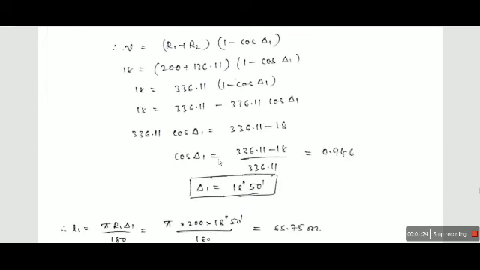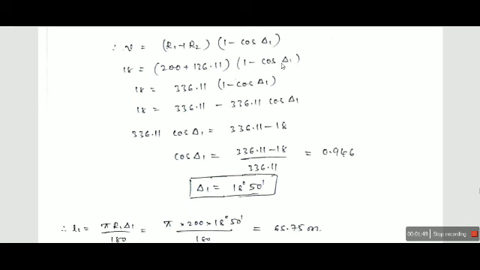Then coming to the second part, for finding the length of the branches, the delta value is required. Here, you have to use the V formula for finding the delta 1 value. In this case, V is equal to (R1 plus R2) into bracket of 1 minus cos of delta 1.